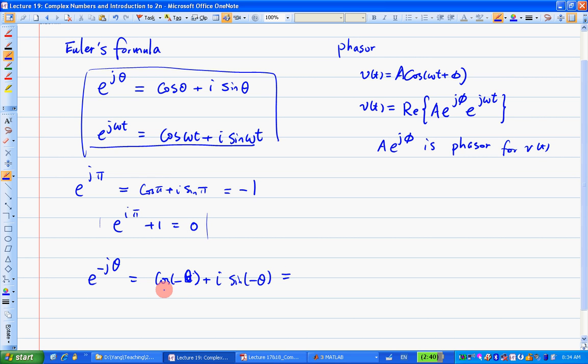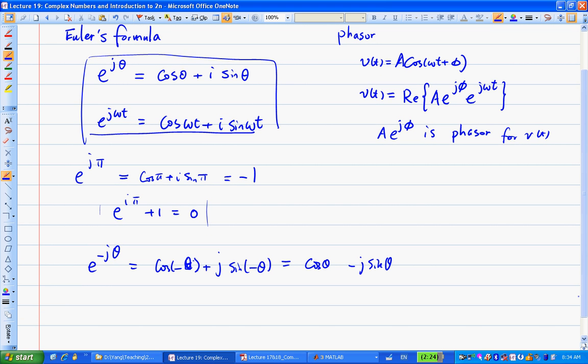As we know, cosine is an even function, so this is cosine theta. Sine is odd, so this is negative sine theta. So that's what e to the power of negative j theta is.